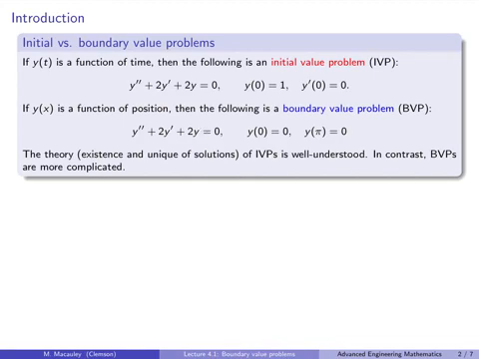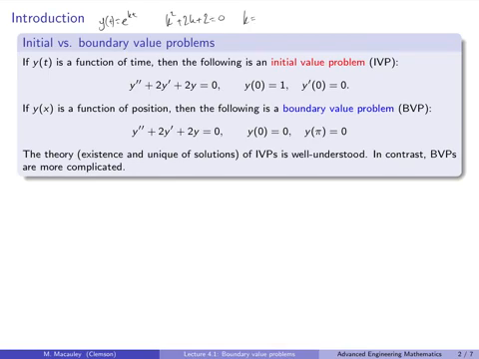So if we solve this ODE, you assume there's a solution of the form y of t equals e to the kt, and you plug this back in, and you get k squared plus 2k plus 2 equals 0.